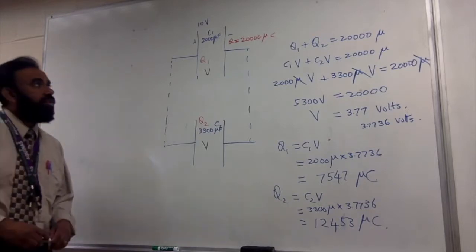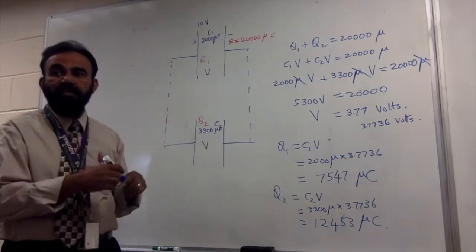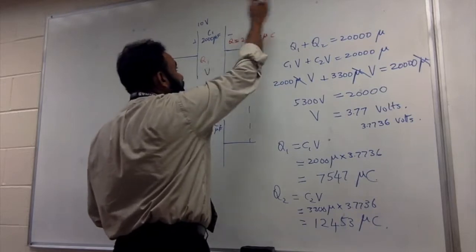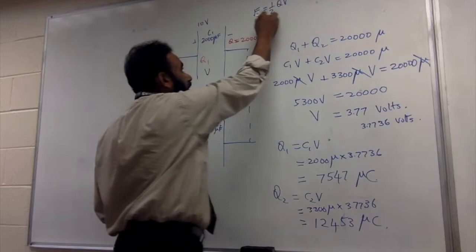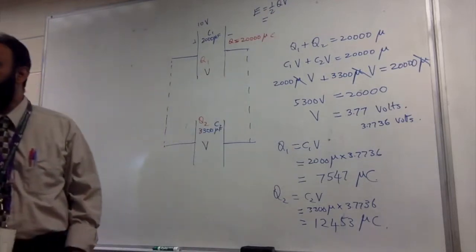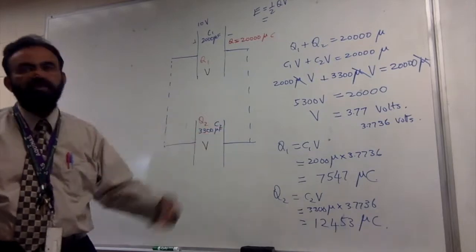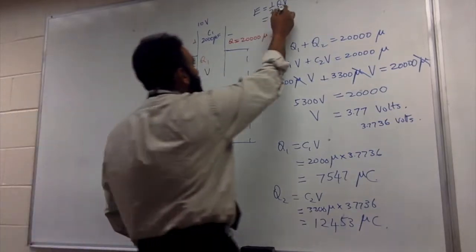Now what is the energy stored in the capacitor initially, before I connected the second capacitor? Energy is equal to half QV. See, it's easy to use half QV there instead of half CV squared, because V is something that we found out. So easy to use because you know the Q, you know the C. So how much is that?